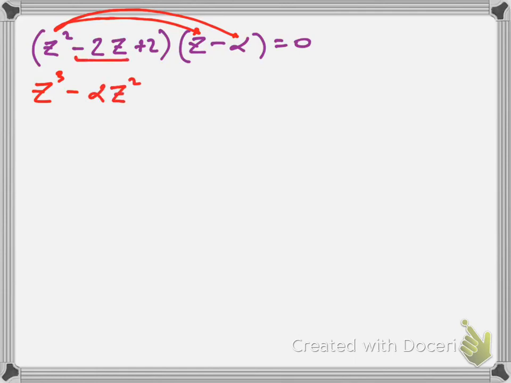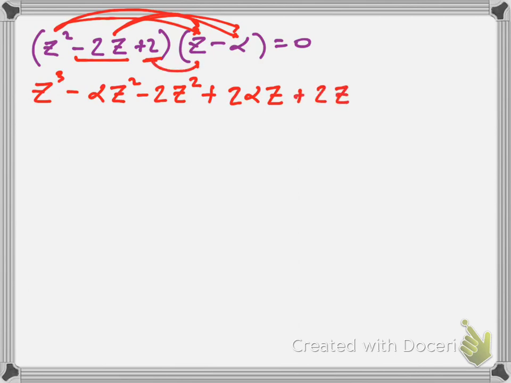Then take the second term, multiply with the first term, you end up with minus 2z squared. Multiply with the second term, you end up with plus 2 alpha z. Take the third term, multiply the first term, you get plus 2z, and minus 2 alpha equals 0.